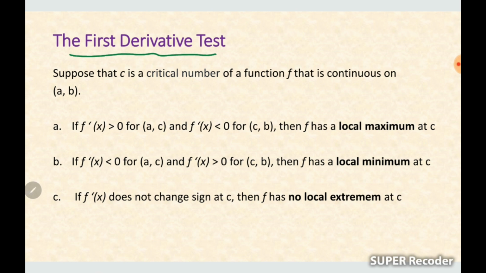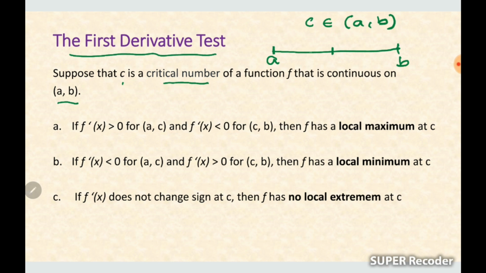Suppose that we have a point C, where C is a critical number of a function f that is continuous on the open interval from A to B. So C is a critical number between the set of real numbers from A to B. Or you can imagine, between A and B we have a critical number here, that is C.